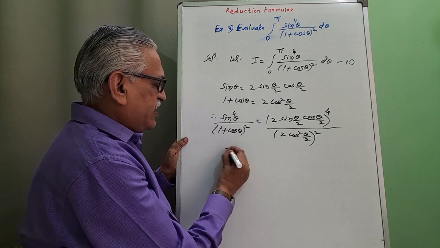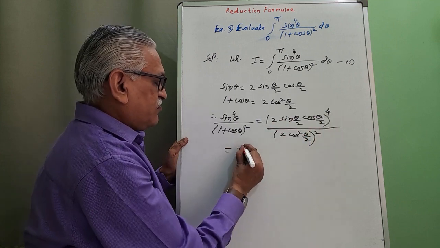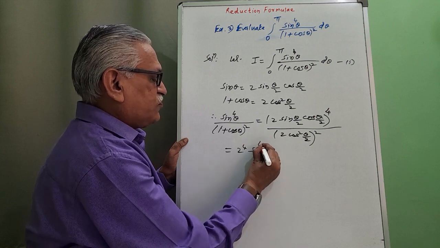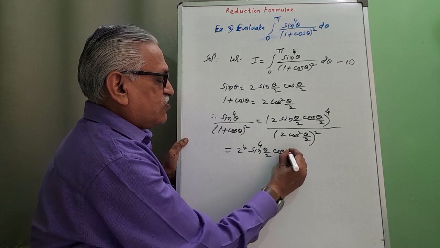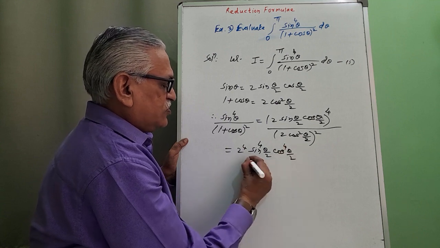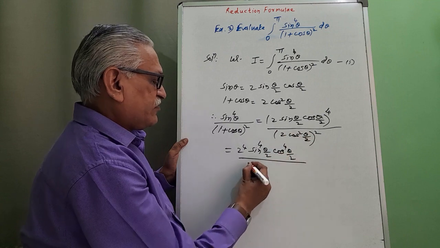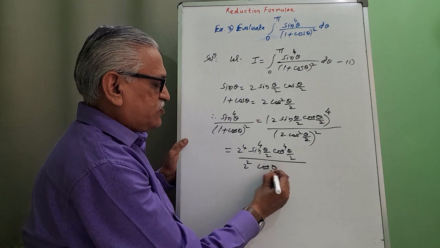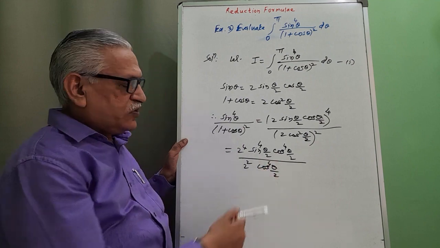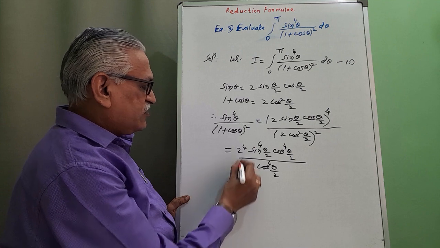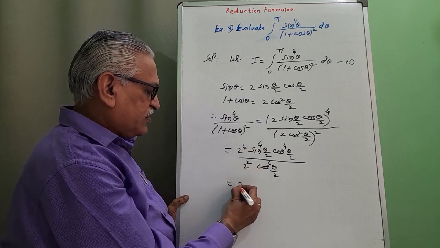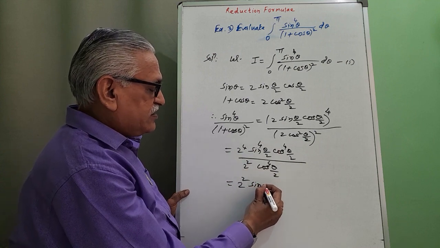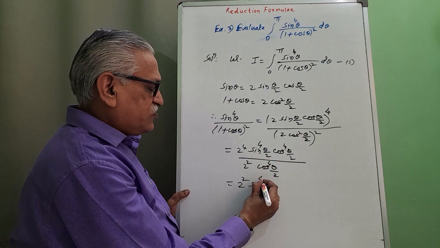Simplifying it further, we get that value as 2 raised to 4 sin theta by 2 raised to 4 cos theta by 2 raised to 4 whole divided by 2 square and cos theta by 2 raised to 4. So that this gets cancelled, we get 2 raised to 4 divided by 2 raised to 2, and sin theta by 2 raised to 4.